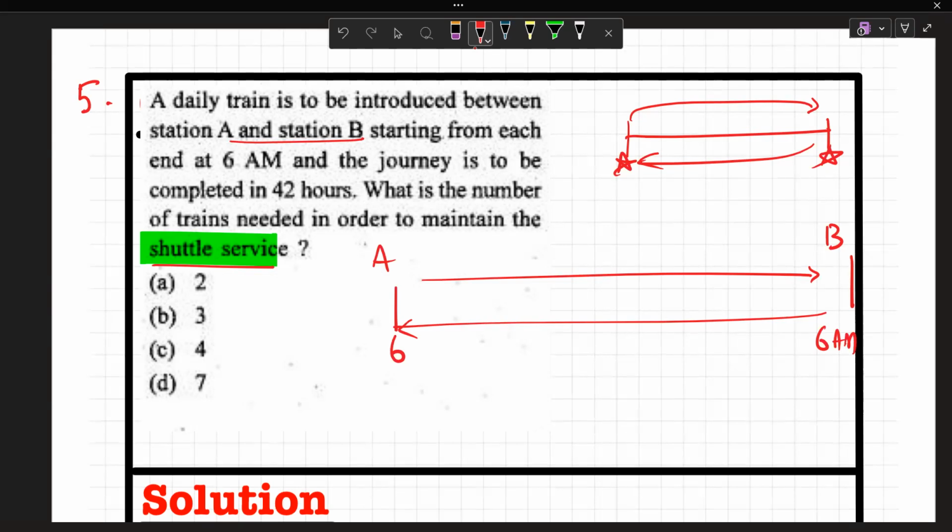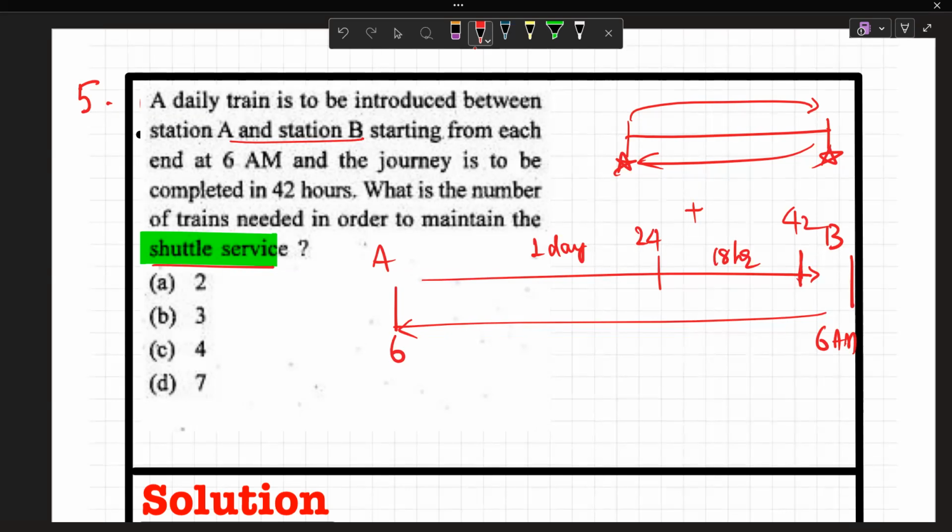That means it takes 1 day, that is 24 hours, plus more, till 42 hours. Got it? Now what is the total hours here? It is 18 hours more. 24 hours plus 18 hours. Clear? So it is 1 day and another 18 hours.